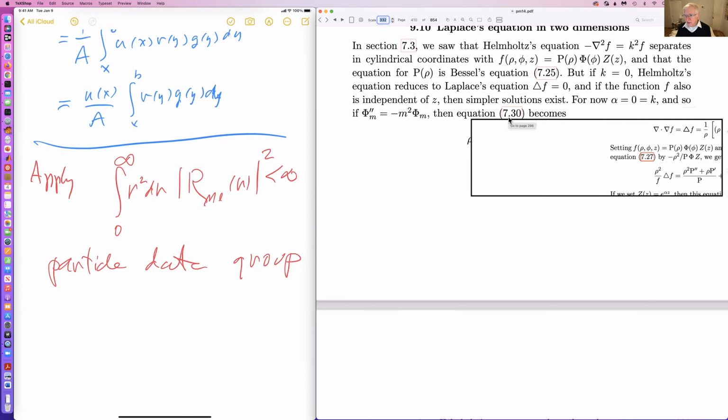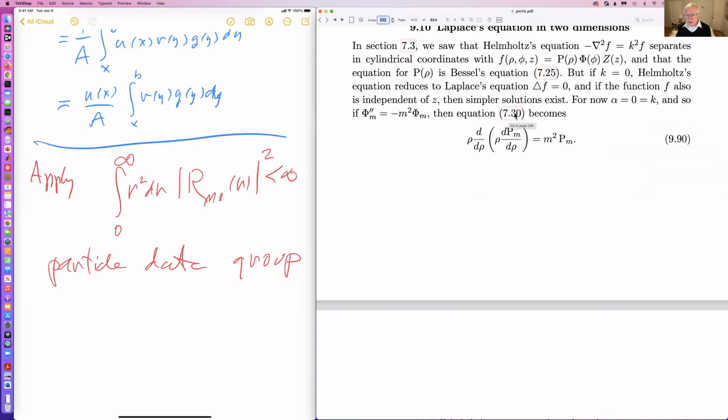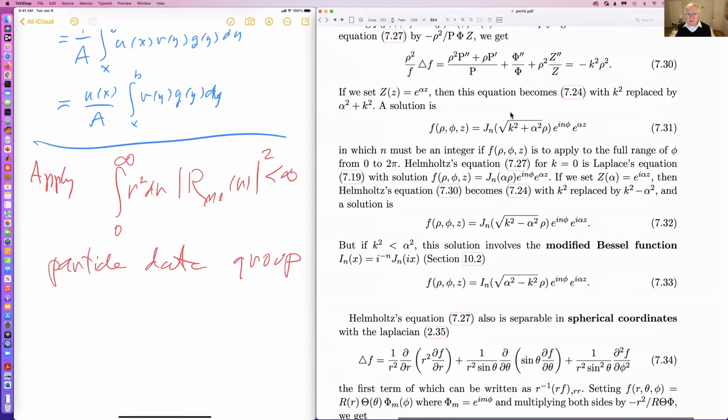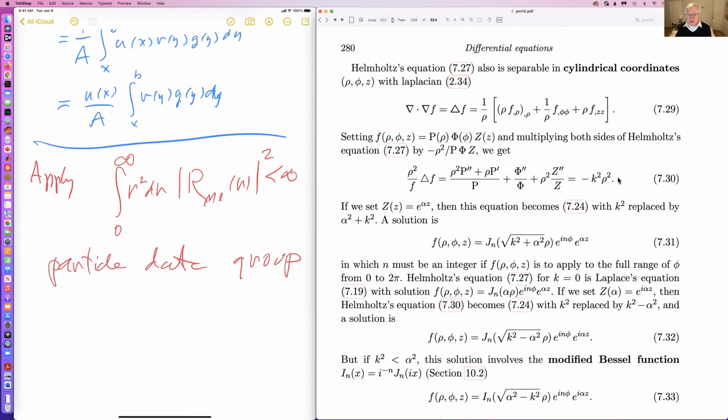So let me, well, this is not showing up very clearly. All right, let's go back to, so this is the Helmholtz equation in cylindrical coordinates.